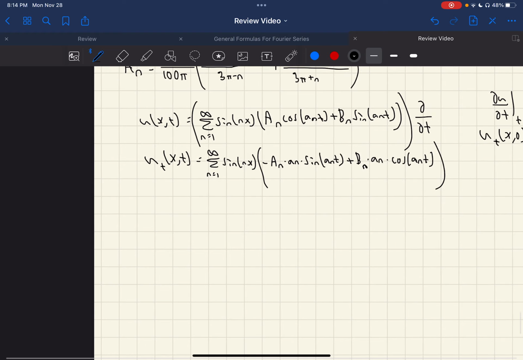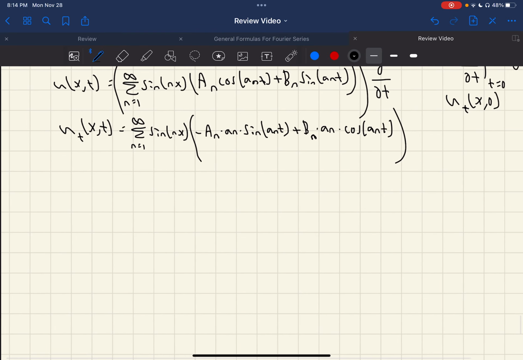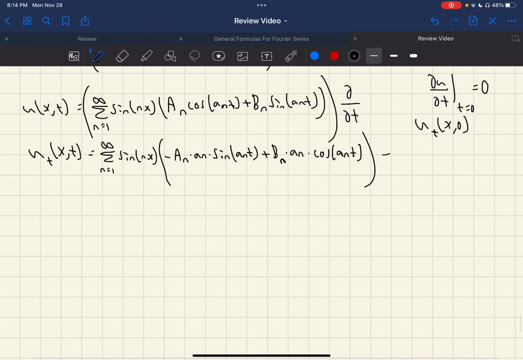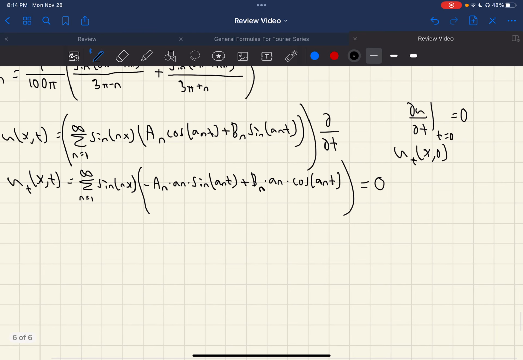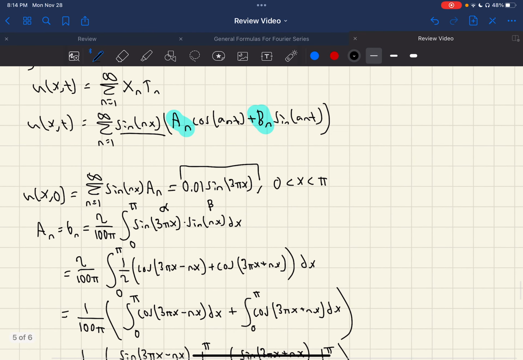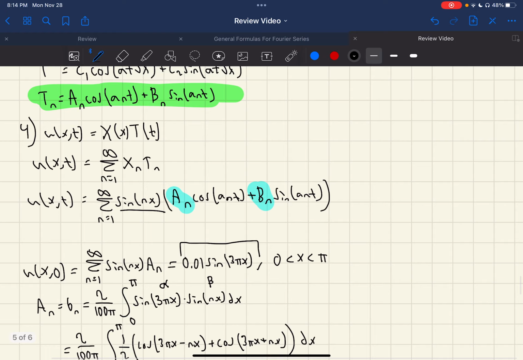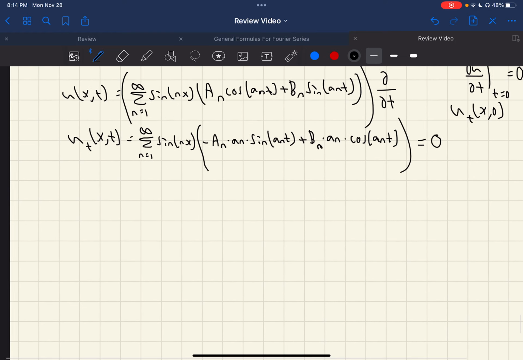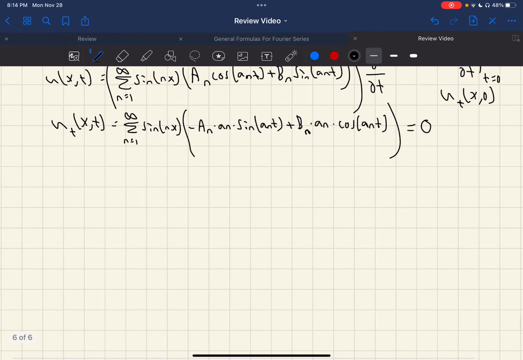And we're left with this huge function. Then, of course, we set that equal to 0 because that's what our condition says. I don't know if I wrote it up here. No, I did, never mind. So now we can plug in t equals 0.